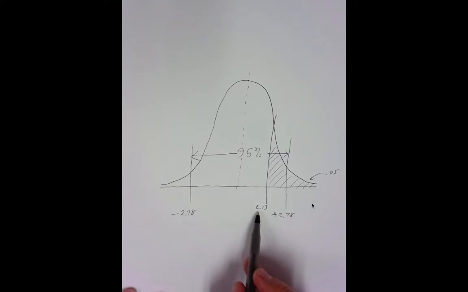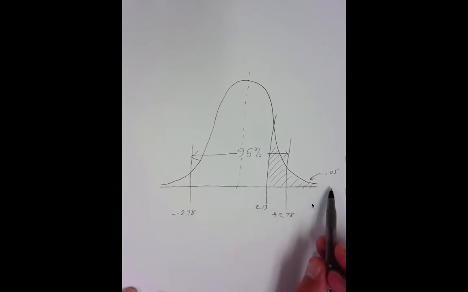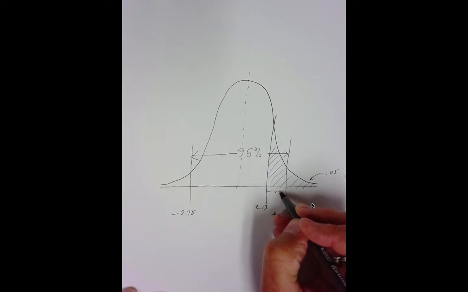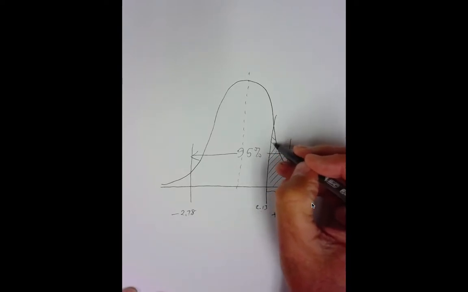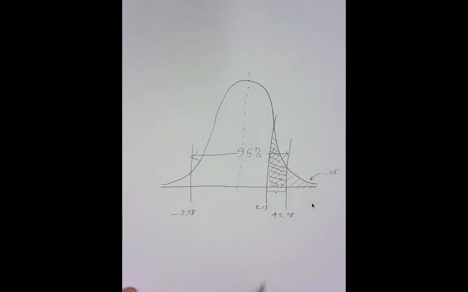So guys, any data that has a test statistic of 2.13 or higher is going to reject. However, the test statistics between 2.13 and 2.78 are going to be in our rejection region, but they're also going to fall in our 95% confidence interval.